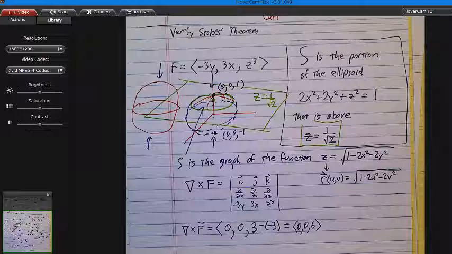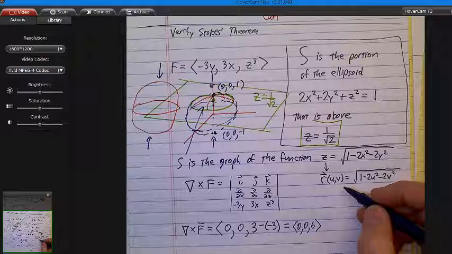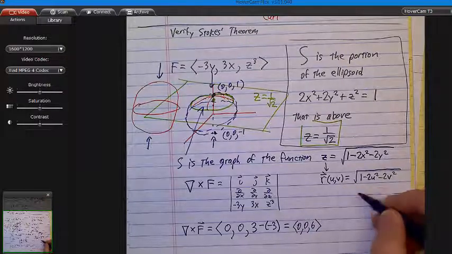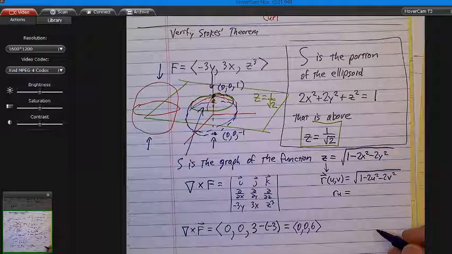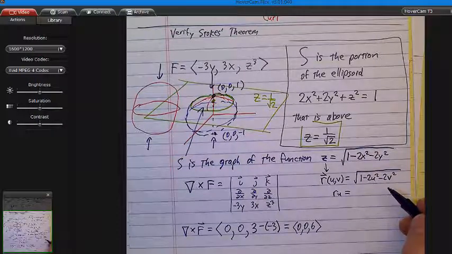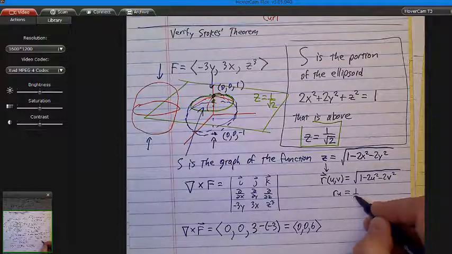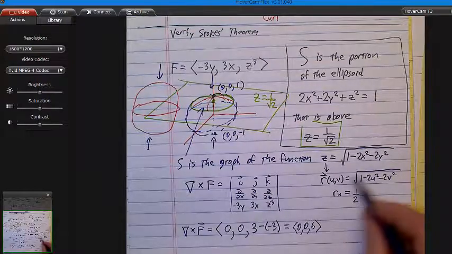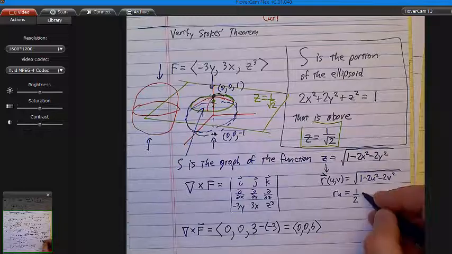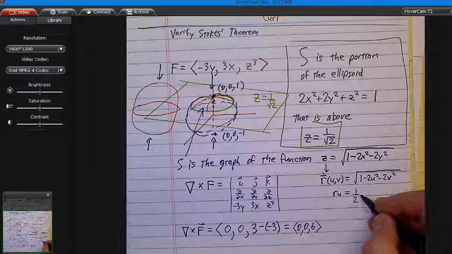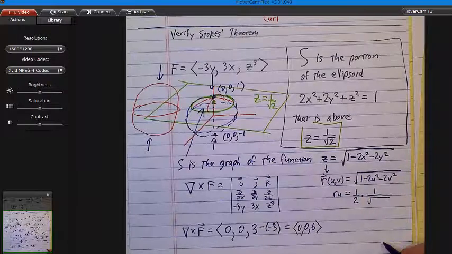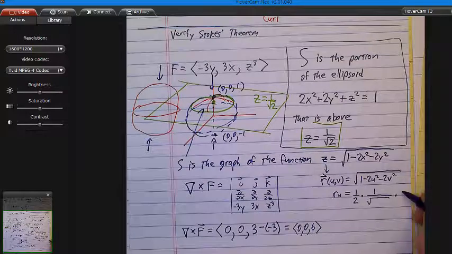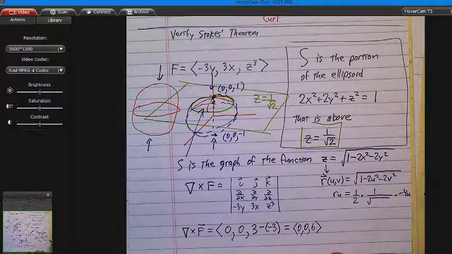Dot n, yeah, we need the normal vector, right? So again, what would happen if I did things like r_u? Well, I would get, let's see, 1/2, because that's from the 1/2 coming down. And then I would get stuff to the negative 1/2 times, when I get negative 4u, does that look right to you guys?